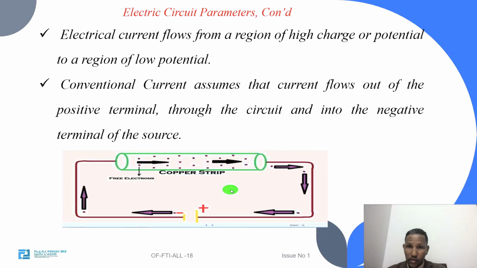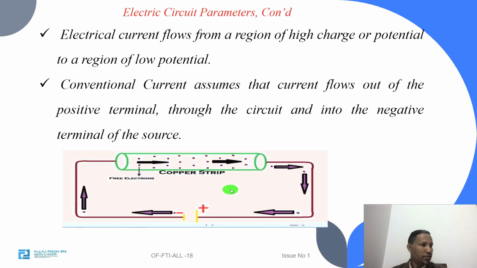Electrical current flows from a region of high concentration of charge to a low concentration of charge, or from high potential to low potential. That means current will flow from high potential to a region of low potential, okay.